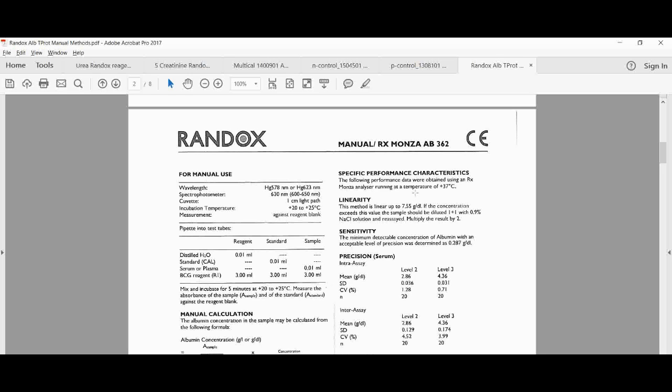Now, linearity takes you back to first year lab instrumentation, where you had to draw the standard curve of a specific solution. Maybe you drew a standard curve of potassium dichromate, or maybe some other substance.